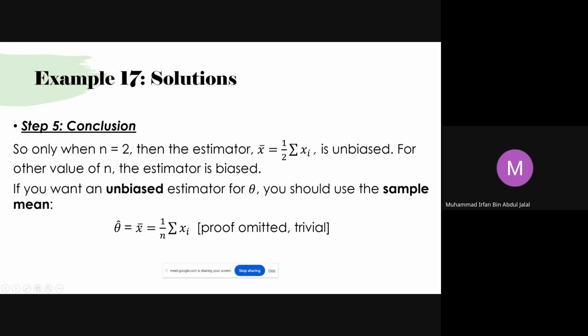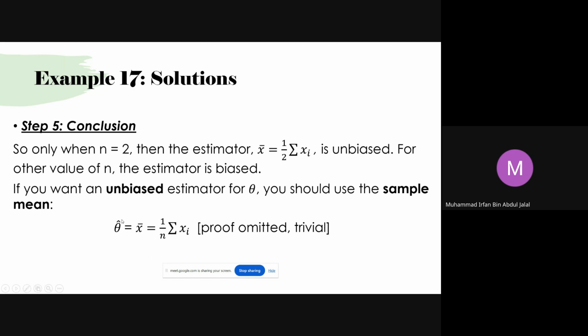If you want an unbiased estimator for theta, you should use the sample mean. In this case, x bar equals 1 over n times the summation of x here. Your usual sample mean will be the unbiased estimator for theta, regardless of the values of n. The proof for this is omitted because it is trivial, but you can try it at home and see whether this one is an unbiased estimator.